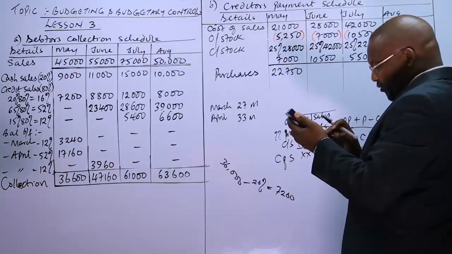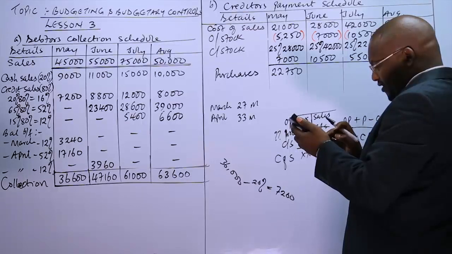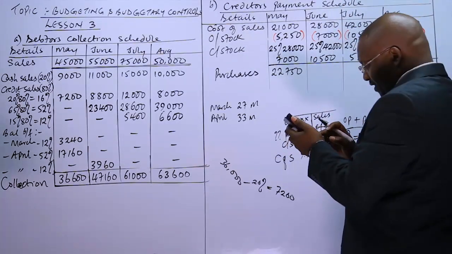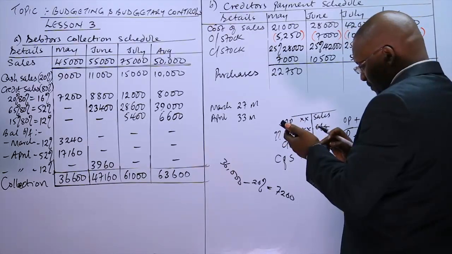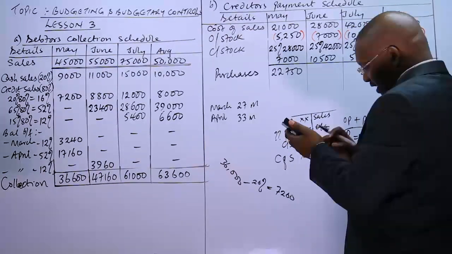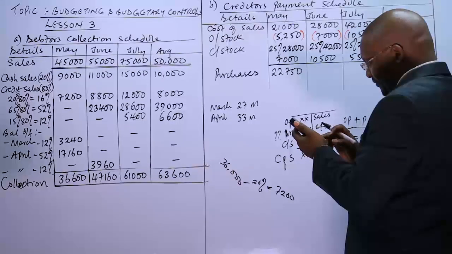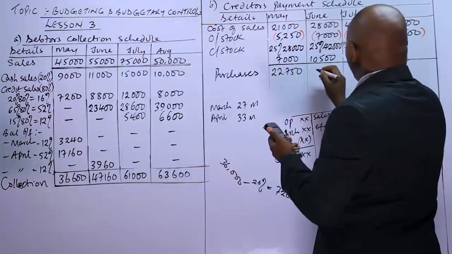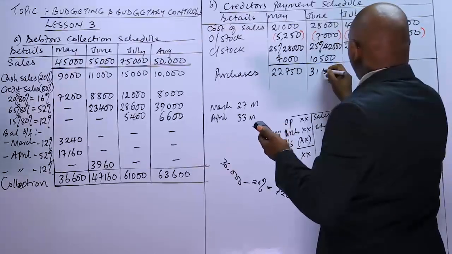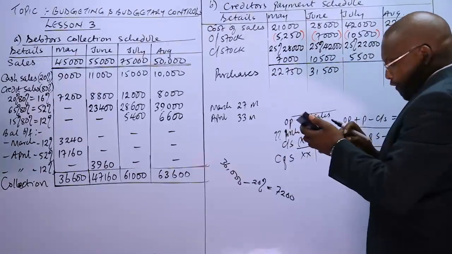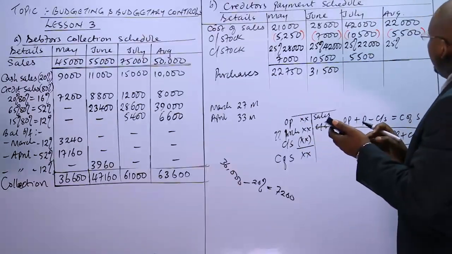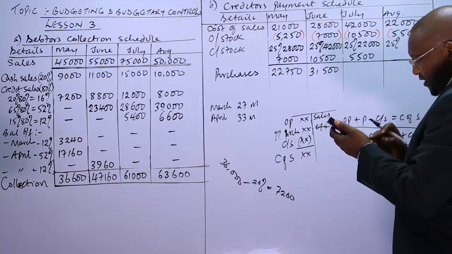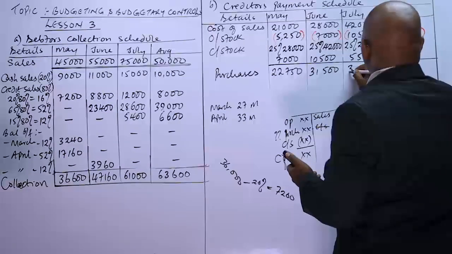We have 28,000 minus 7,000 plus 10,500, giving us 31,500. And lastly, we have 42,000 minus 10,500 plus 5,500. This is 37,000.